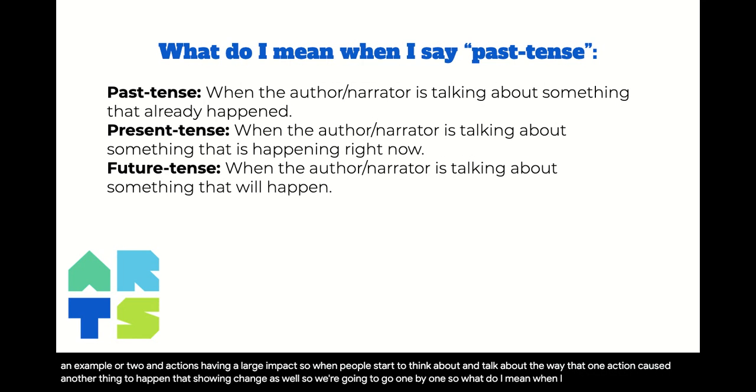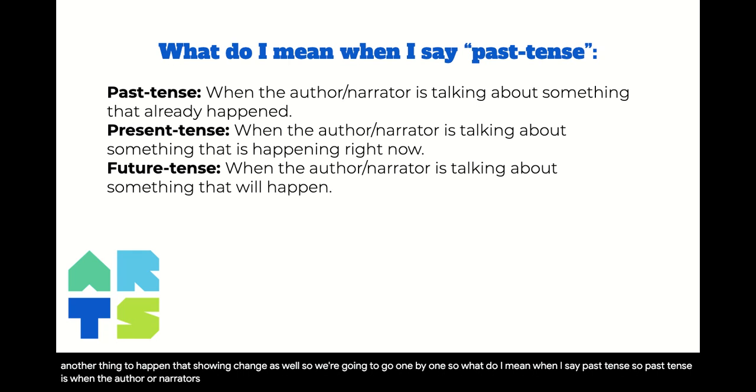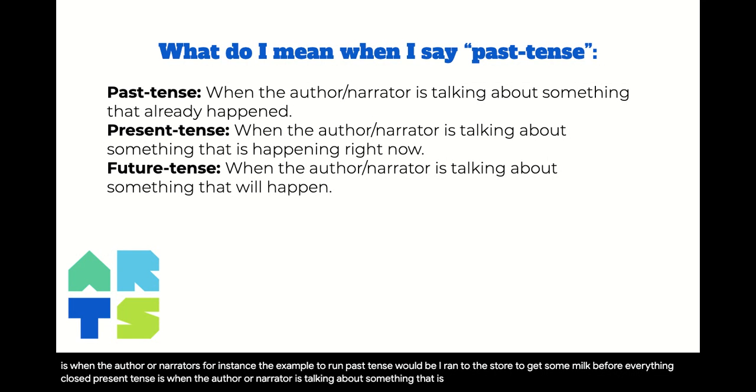So what do I mean when I say past tense? Past tense is when the author or narrator is talking about something that's already happened. For instance, the example to run, past tense, would be I ran to the store to get some milk before everything closed. Present tense is when the author or narrator is talking about something that is happening right now.